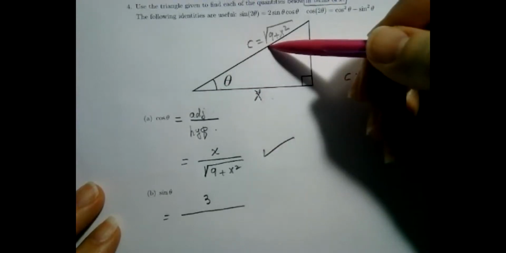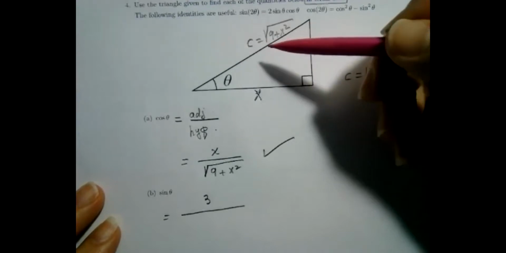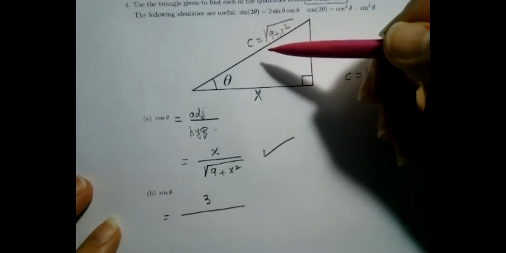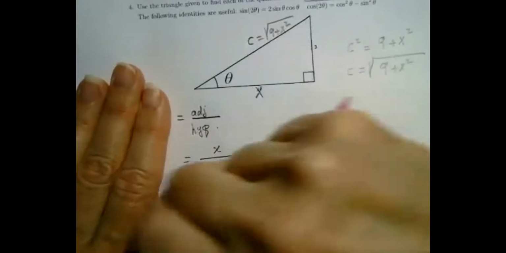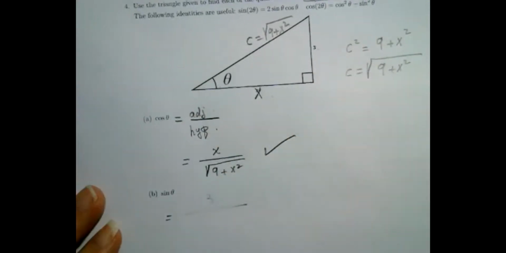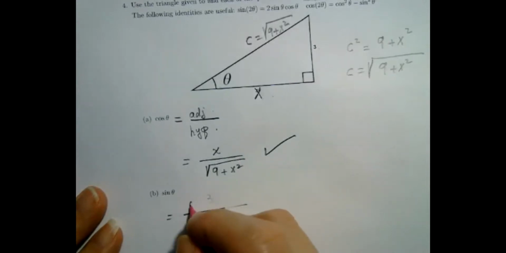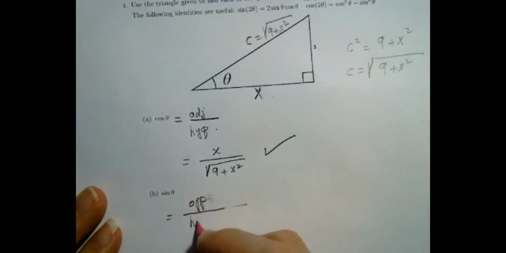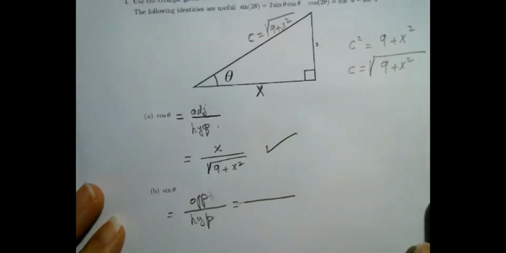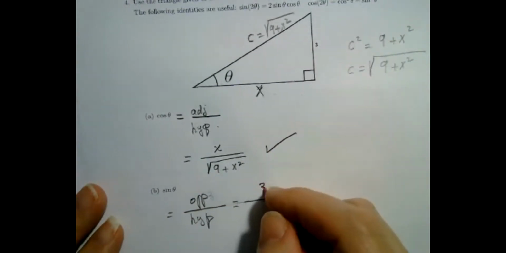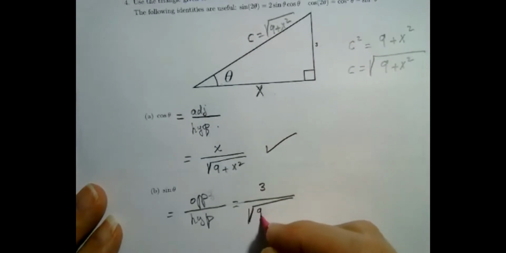Sine is opposite over hypotenuse. Oh, no, I was wrong. That's okay. Thank you. I appreciate it. No problem. That's the opposite, sorry, over hypotenuse, which is 3 over that.